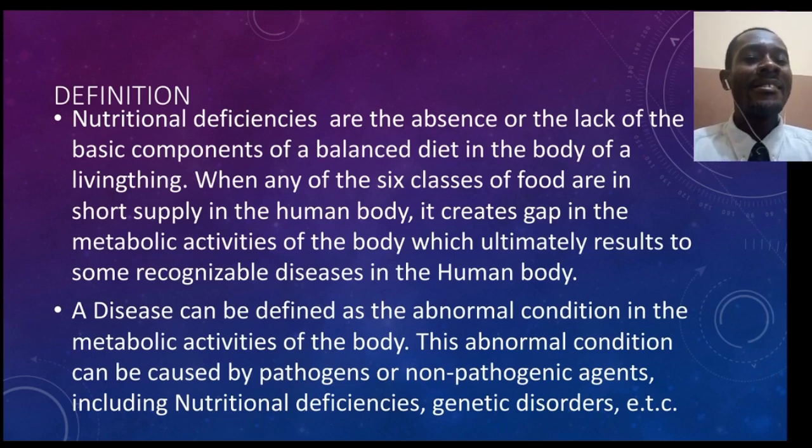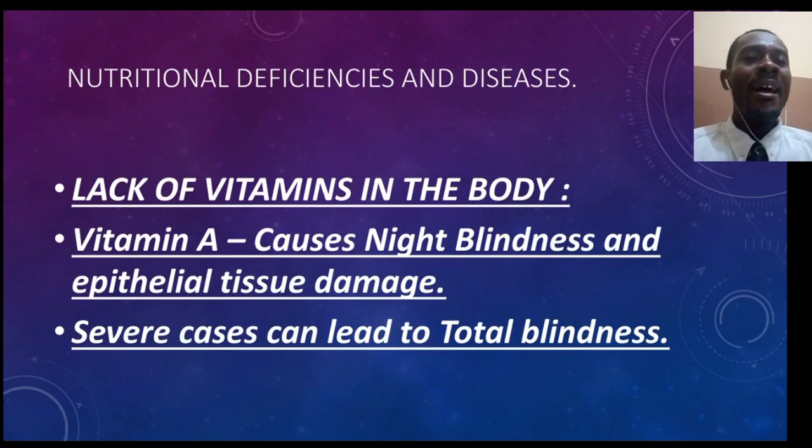When you lack some of these nutrients in the body out of those 6 classes of food, then it can result in a disease or group of diseases, as the case may be. Now, other non-pathogenic agents that can cause diseases include genetic disorders.